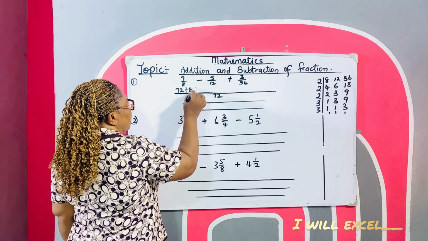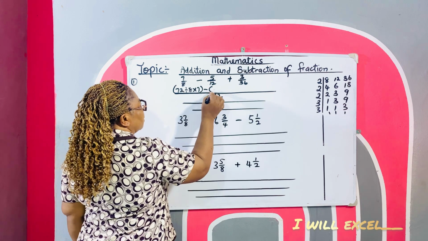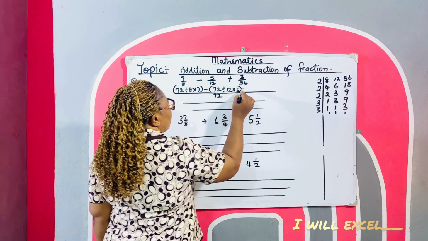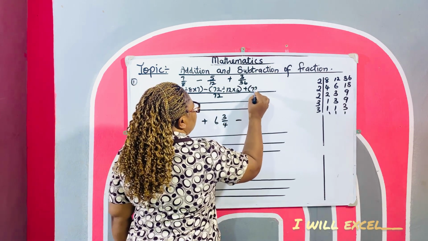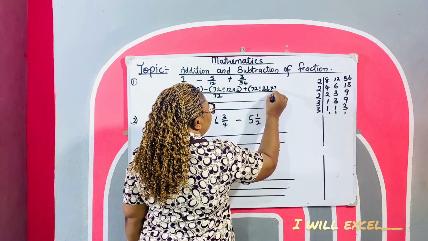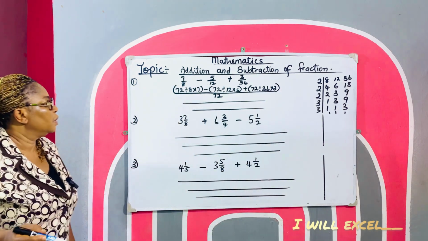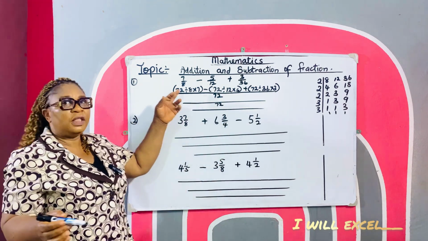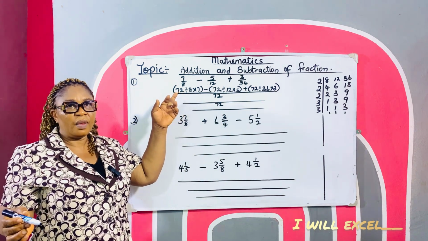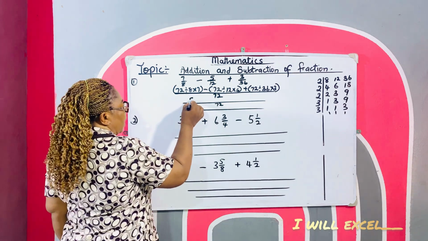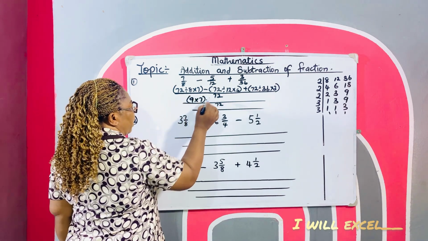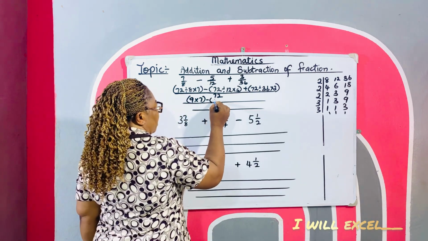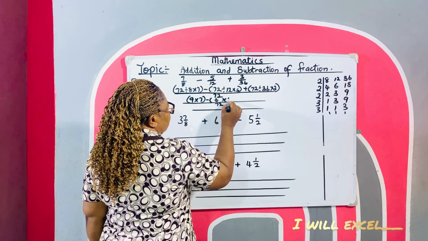72 divided by 8 times 7, 72 divided by 12 times 5, plus 72 divided by 36 times 3. Okay. 72, the LCM again. 72 divided by 8 will give you 9. 9 times 7 minus 72 divided by 12 will give you 6. 6 times 5.